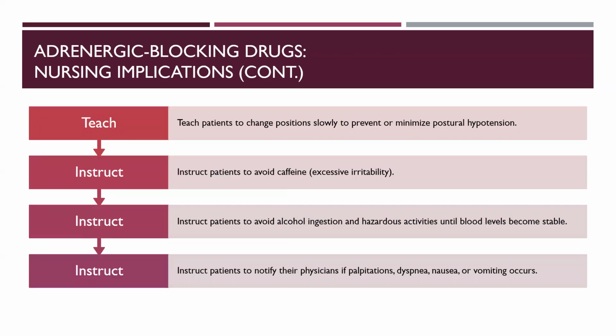Teach the patients to change positions slowly to prevent or minimize postural hypotension. Instruct them to avoid caffeine because it can cause them to become more irritable, to avoid alcohol and hazardous activities where the blood levels may become unstable. Instruct them to notify their physician if palpitations, dyspnea, nausea, or vomiting occurs.